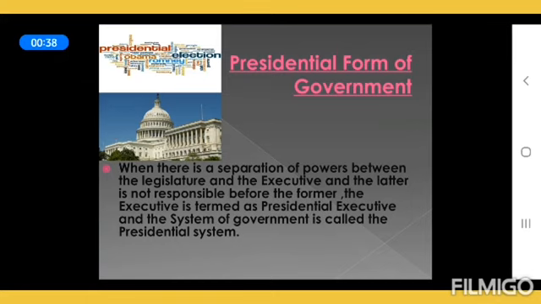As I've already told you, in the presidential system there is a separation of powers. Both are independent of each other, and the executive is not accountable or responsible to the legislature.